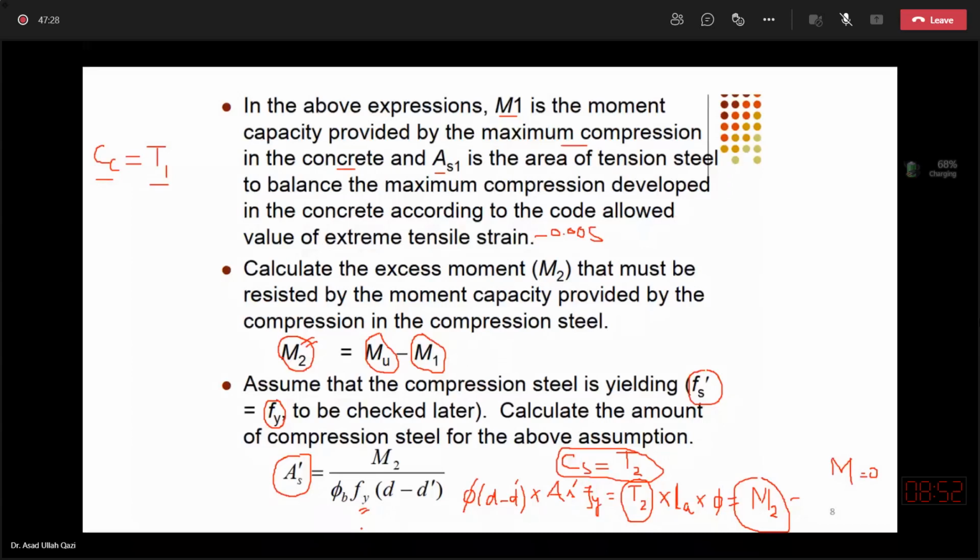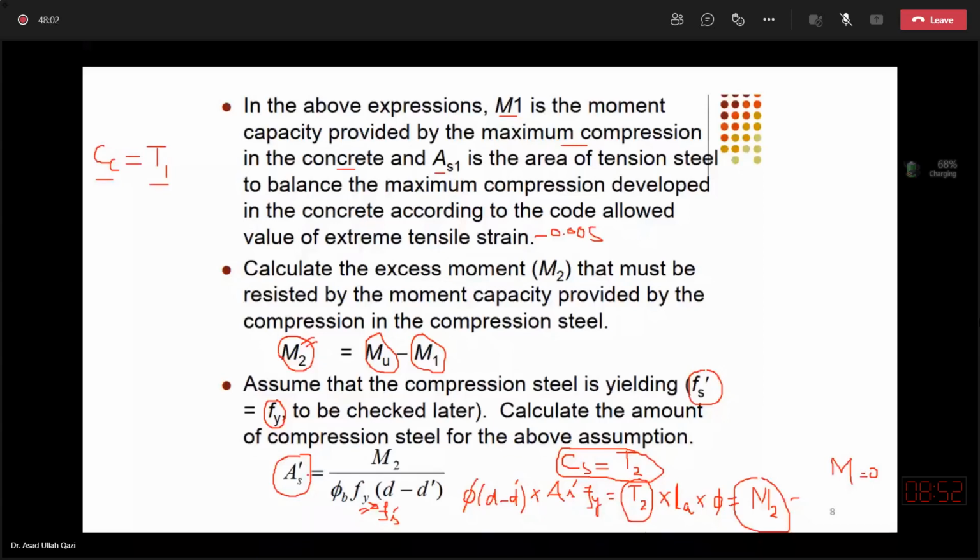Suppose your compression steel is not yielding and it is a case 2 doubly reinforced beam, it means Fy will drop to Fs prime, and when Fy drops to Fs prime, your As prime will get bigger because the denominator will reduce and the area of steel will increase. So if the compression steel is not yielding, in order to generate that force, you need to increase the area.